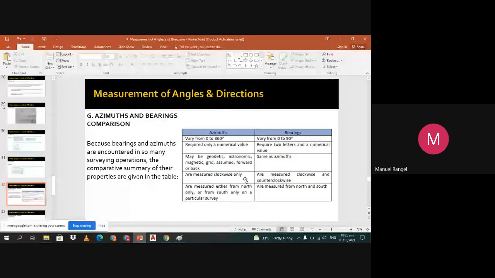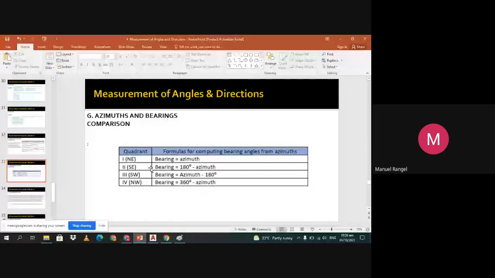Azimuths are measured clockwise only. Bearings are measured clockwise and counterclockwise. Azimuths are measured either from north only or from south only on a particular survey, while bearings is measured from north and south. Okay. Quadrants.